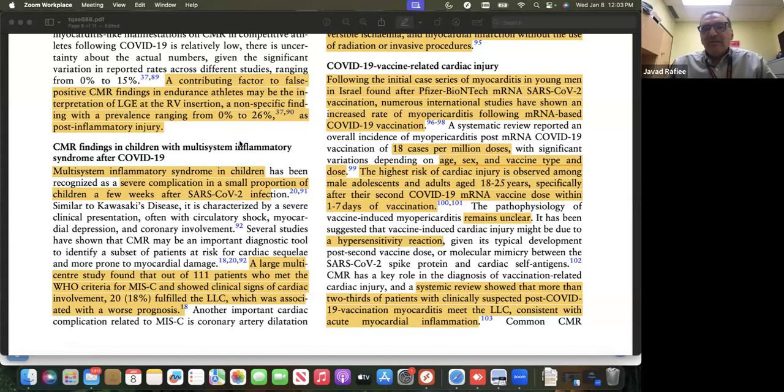During the review article, we found about 18 cases per million doses of mRNA COVID-19 vaccination, and it depends on the age, sex, vaccine type and dose. The highest risk of cardiac injury in this group of patients is in young adult males, specifically after the second COVID-19 dose and during the first weeks after the vaccination.